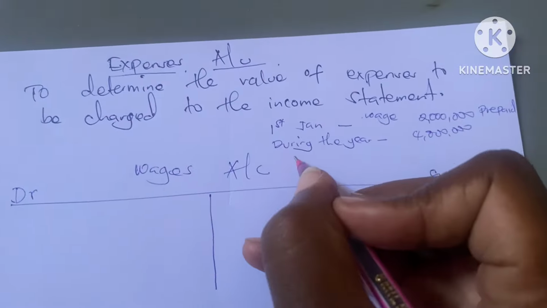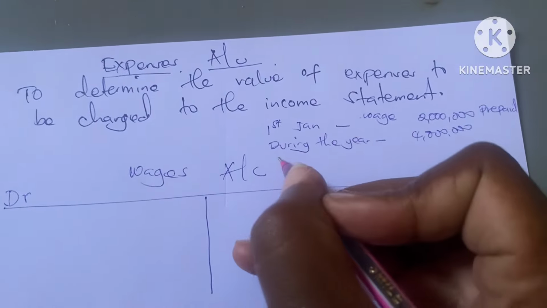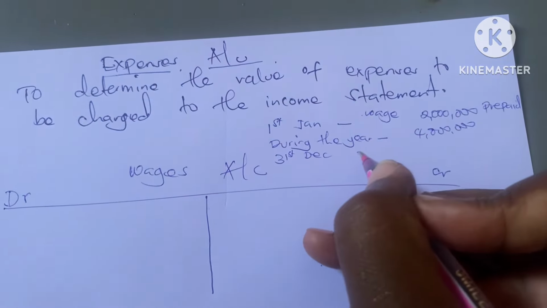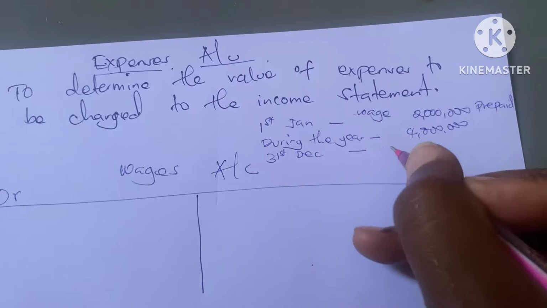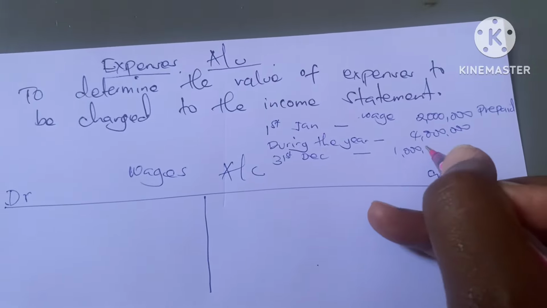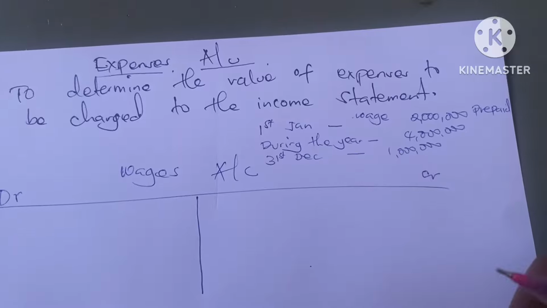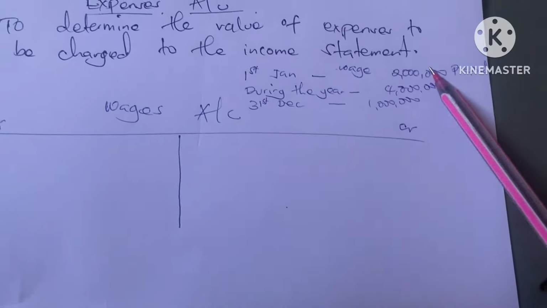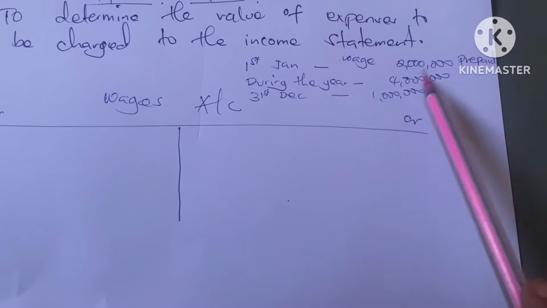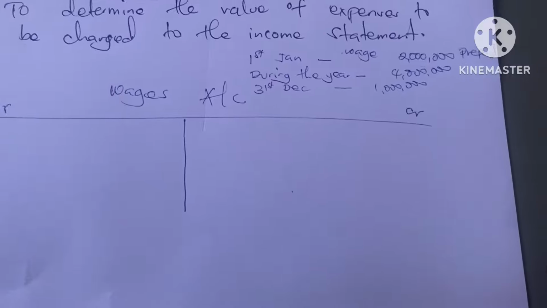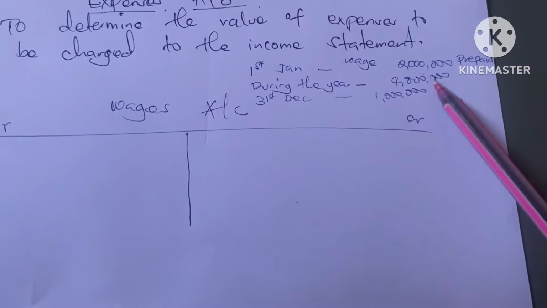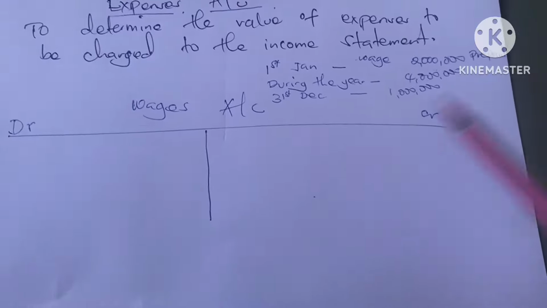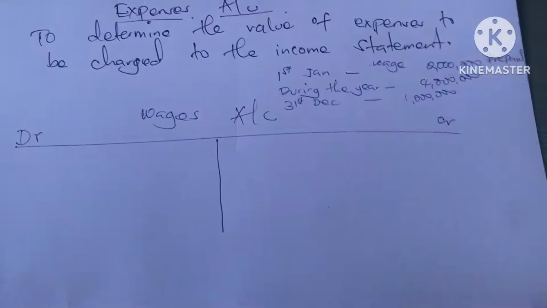Then wages that were prepaid at the end of the year, 31st December, were maybe 1M. So if it was only 4M, you just get this 4M and put it in the income statement. But then we have 3 of them, meaning we prepare the wages account to get the figure that we are going to put in the income statement.